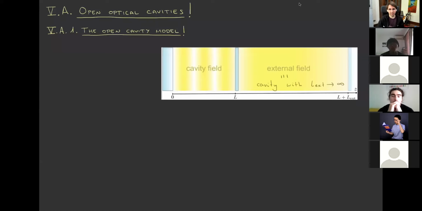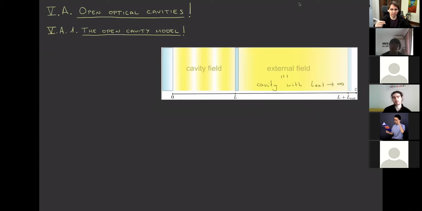This is a very nice model because it really models what we want. At the end of the process, we will have our cavity interacting with the electromagnetic field outside, which is essentially in free space, because you have a cavity with the mirror at infinity.